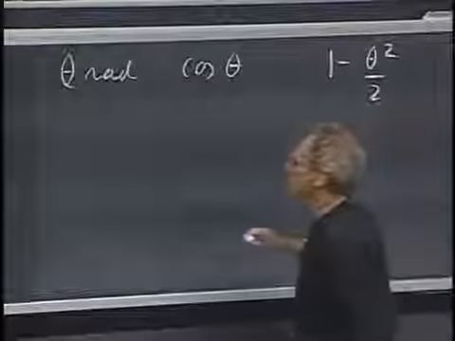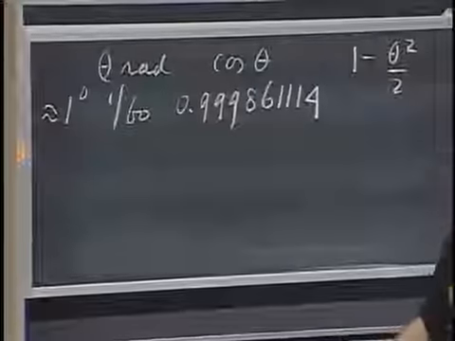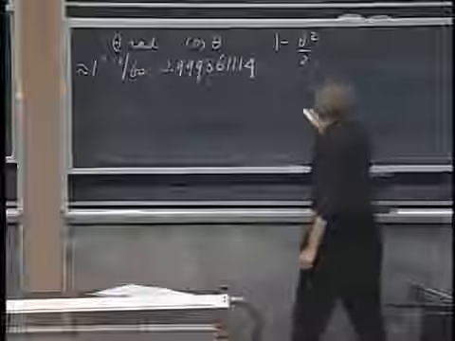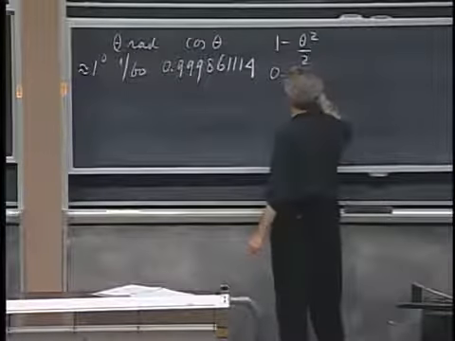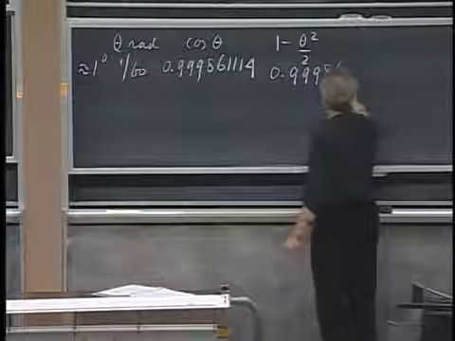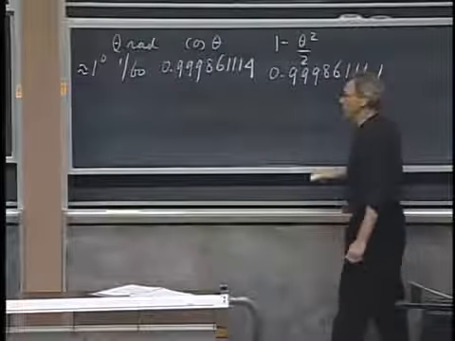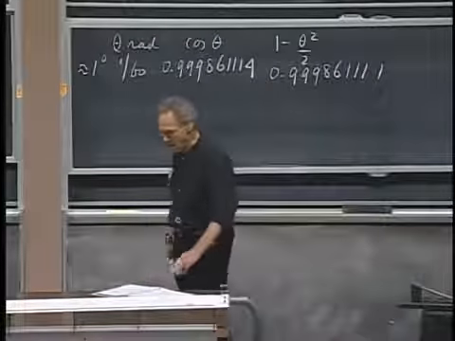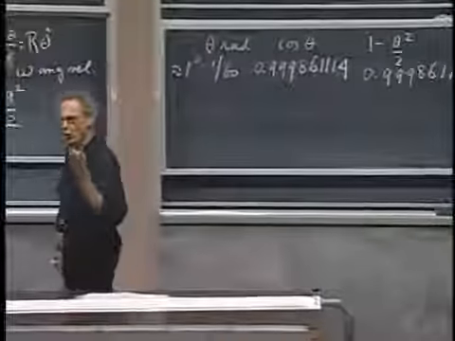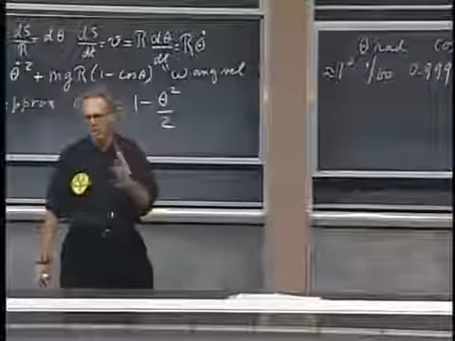Just use my calculator. Then I calculate what 1 minus theta squared over 2 is, and I find 0.999861111. That is very, very close. It only differs by 3 parts in a billion.